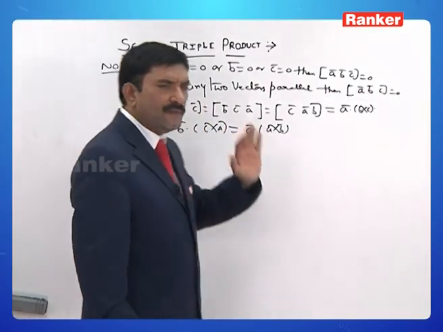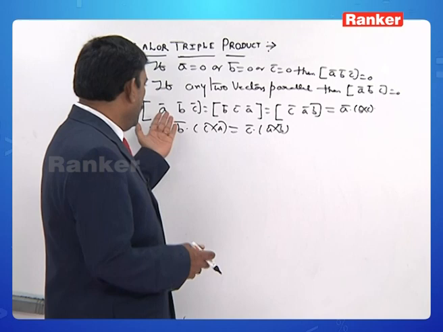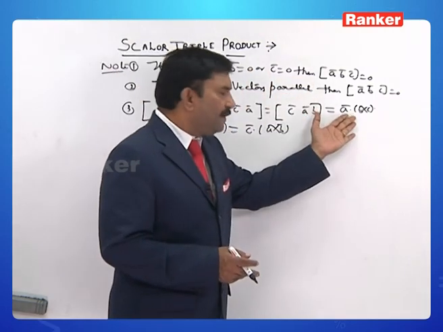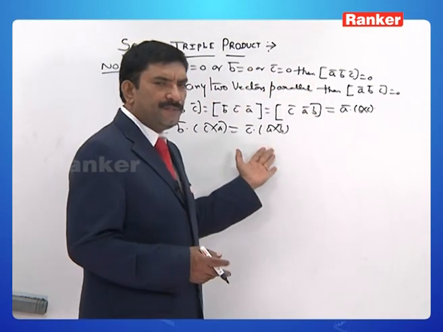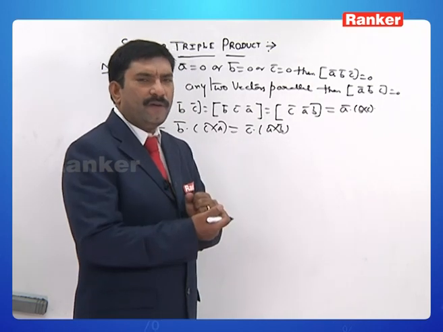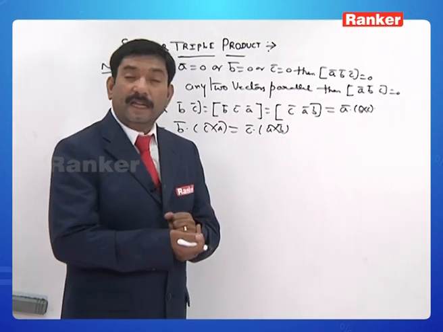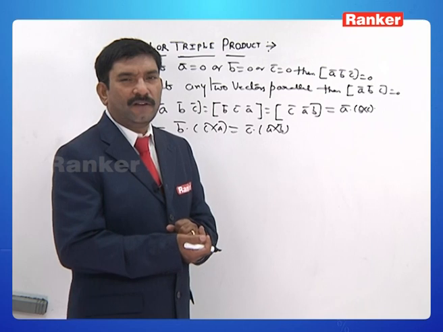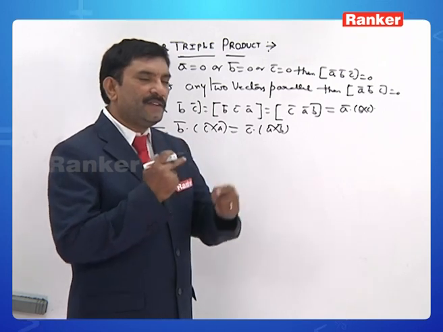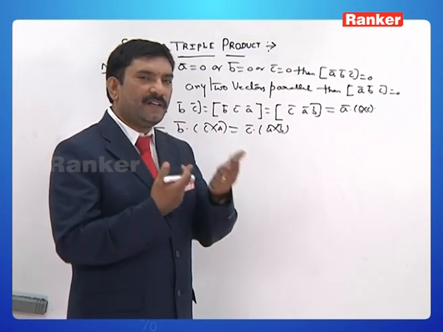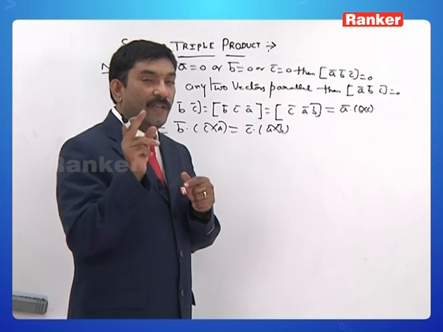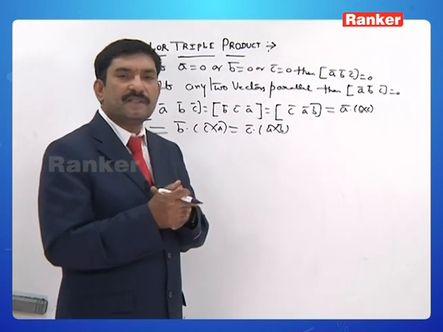What you have observed is, this is written either this way or this way or this way. Why? Because the vectors are interchanged in a cyclic order. Dot and cross are interchangeable in a cyclic order. This is the most valid property one has to take into consideration.